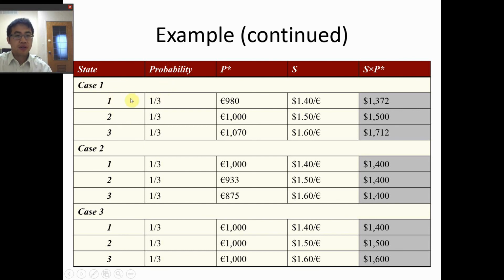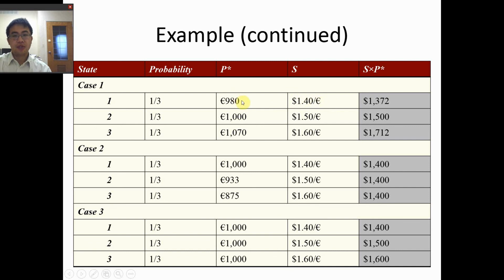Okay, so in the first case, you have 3 scenarios. They each come with 1/3 probability. 3 times 1/3 added together is 100% or 1. And in the first scenario, in case 1, the French assets are worth 980 euros, and in that scenario, the exchange rate is 1.40.